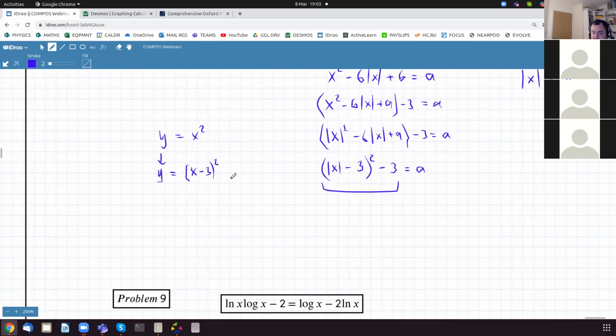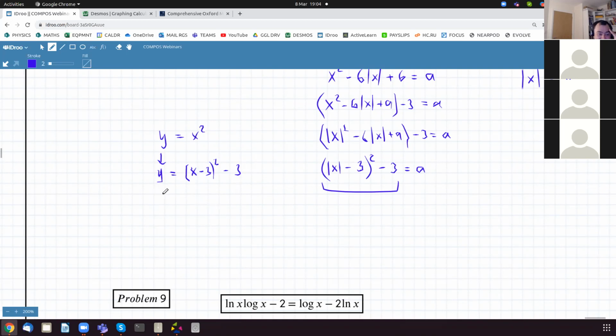That's a horizontal translation. And minus 3, that's a vertical translation. So it's a parabola. We shift it to the right. Oh, I don't know how you see me. Is it mirrored or not? It's like this, and then it's shifted downwards.